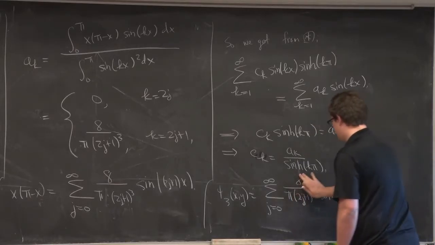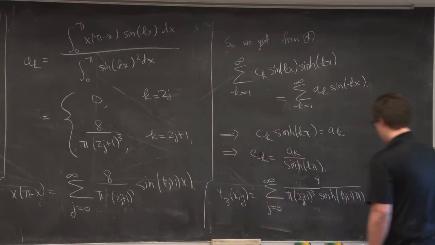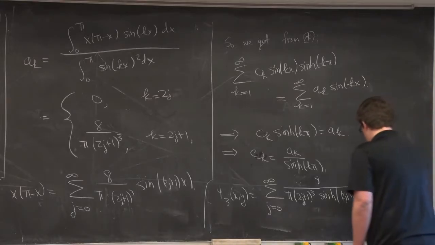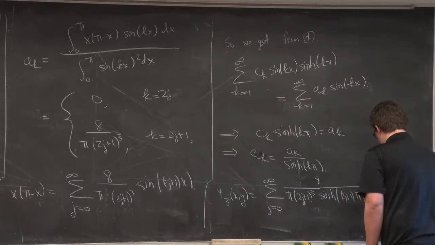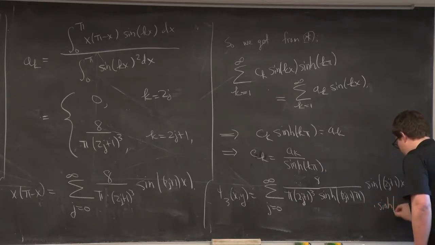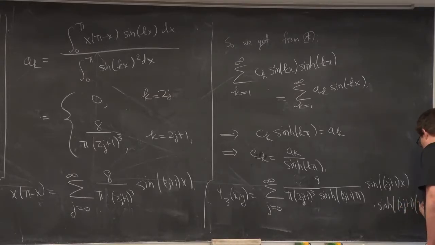So that's the coefficient. And then we have to multiply by the two functions, which is sine of (2j plus 1) x, this whole thing times hyperbolic sine of (2j plus 1)(pi minus y), like this.